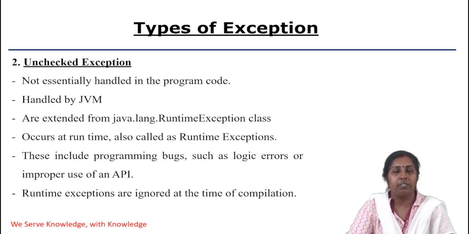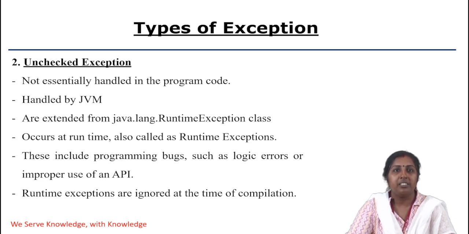So the Java virtual machine, or the JVM itself, handles these unchecked exceptions. Again, it extends from the java.lang.RuntimeException class. So these exceptions which occur at runtime are also known as runtime exceptions. This type of exception includes programming bugs, which include logic errors or improper use of any application program interface.